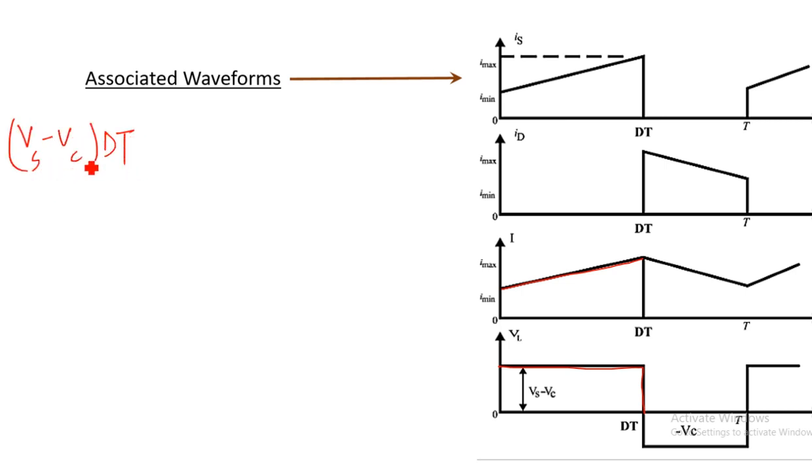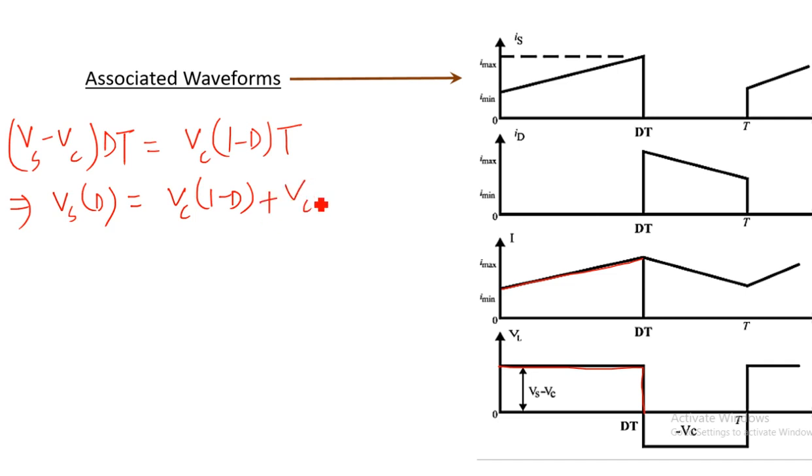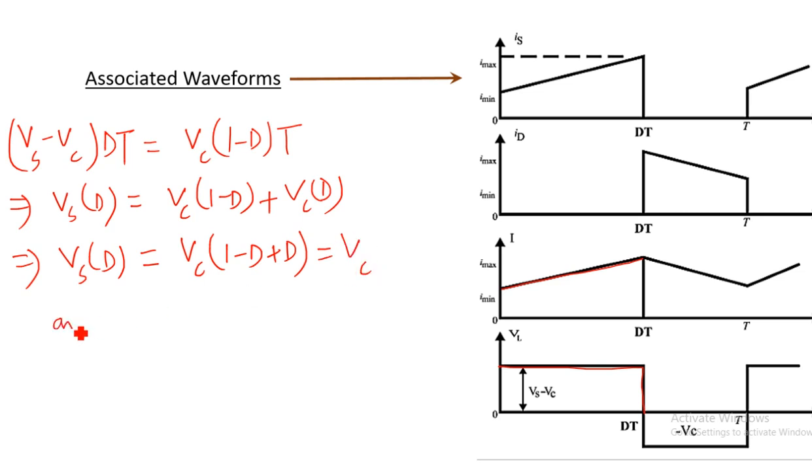And here is minus Vc multiplied by (1 minus d) times T. T will cancel out, and we get Vs times d equals Vc times (1 minus d) plus Vc times d, which equals Vc.